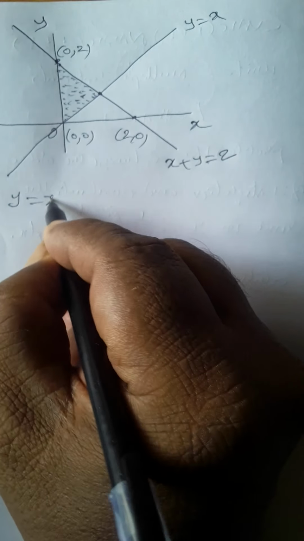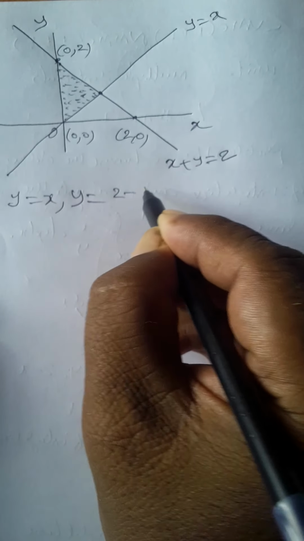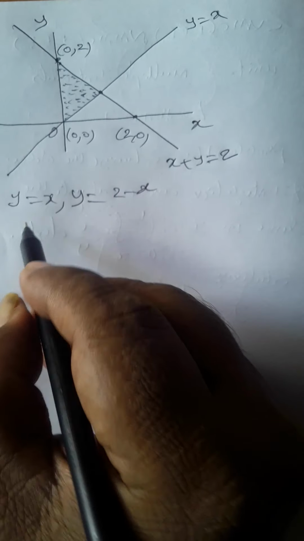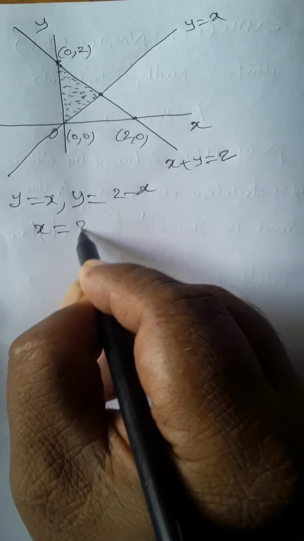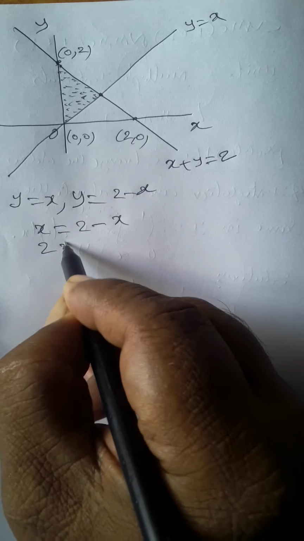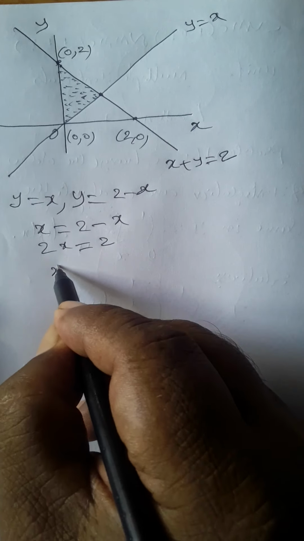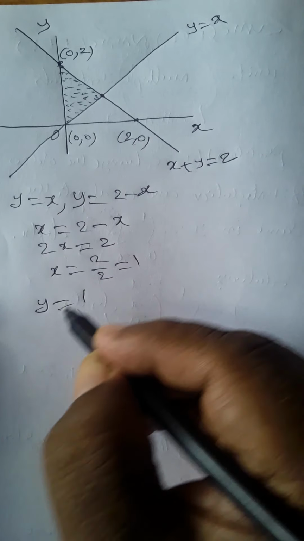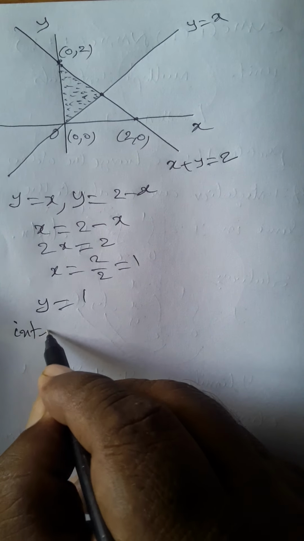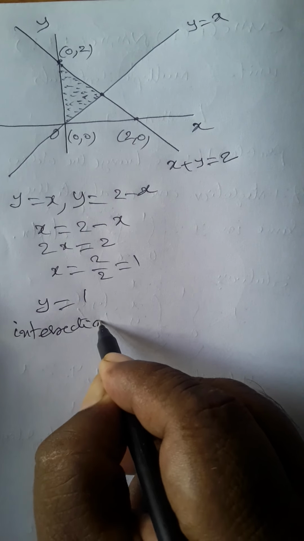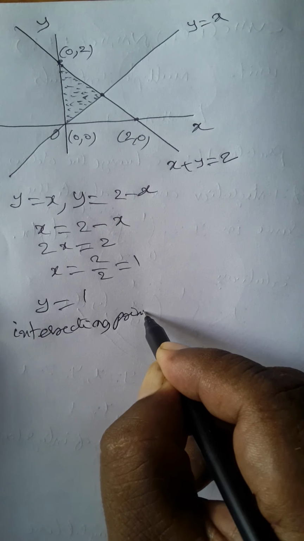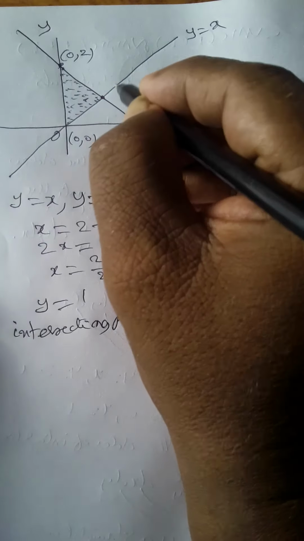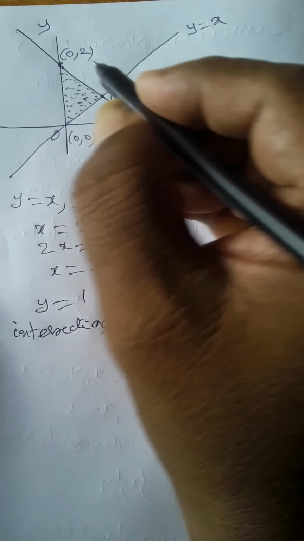Now how to get the intersection point? Y is equal to x, y is equal to 2 minus x. Left sides are equal, so x is equal to 2 minus x, 2x is equal to 2, x is equal to 1. Substituting x value 1, we get y is equal to 1. The intersecting point is (1, 1).